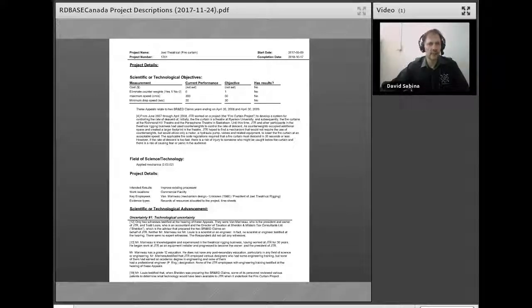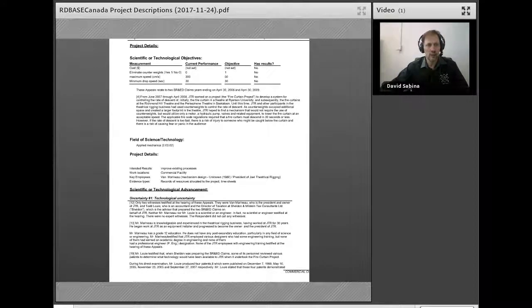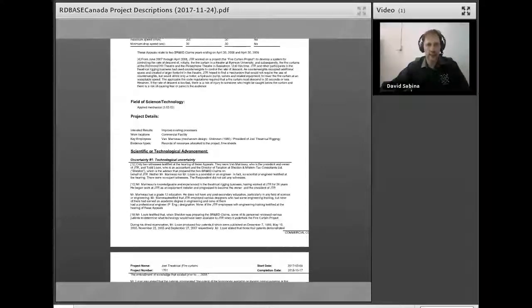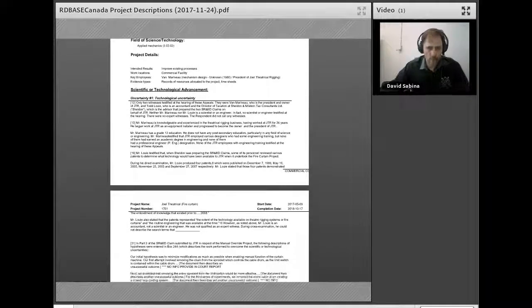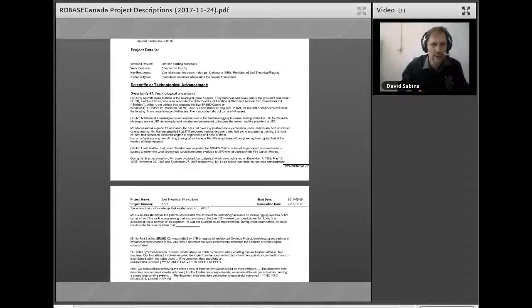That they wanted to eliminate counterweights, that they wanted a maximum speed at how fast the curtain could fall, and they had cost constraints. So we're told all of these things within the case, and we can use that therefore to work backwards and create hopefully a project description, or a project description lacking something, so we can determine what was the missing component that led to ineligibility or provided the basis for eligibility.